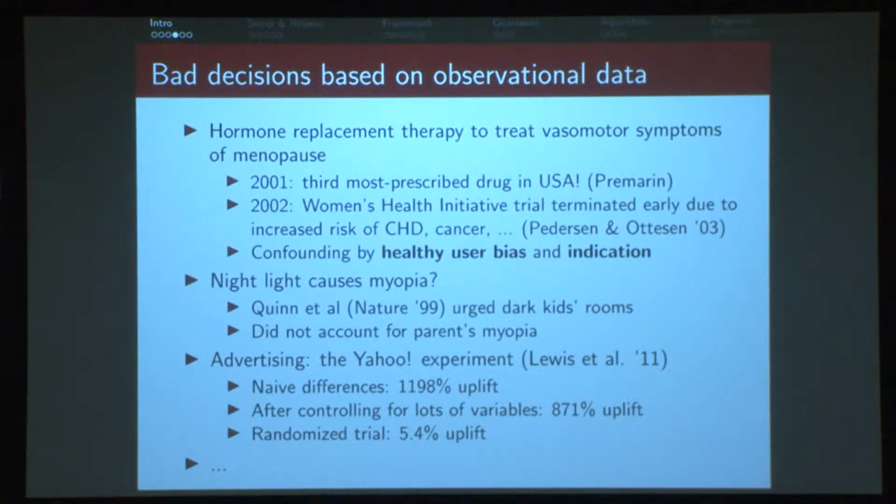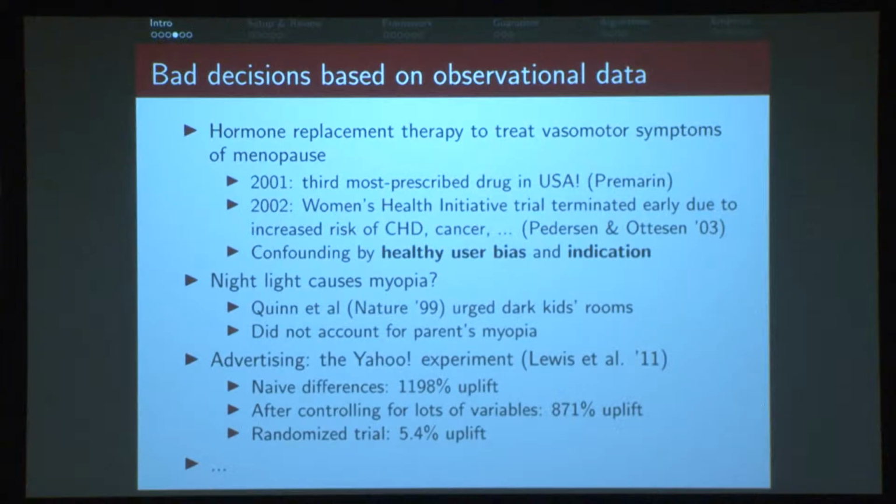And the fact that it was safe was actually based on some observational evidence. So this drug Premarin, which is an estrogen replacement, which has a lot of other uses, was being used for treating menopause in 2001. It was, in fact, the third most prescribed drug in the US.